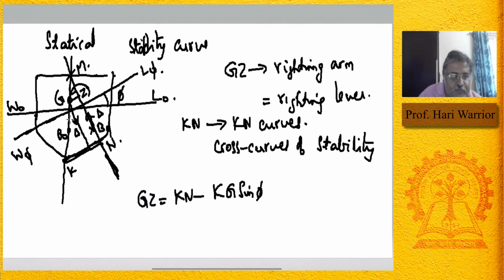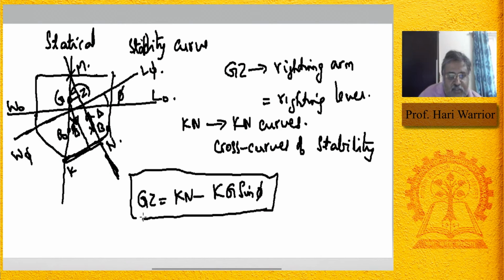This angle is phi, this angle is phi, all these angles are phi because of the symmetry of the system. This formula is generally used for many things. I just want you to remember this formula for the time being. That is, GZ is equal to KN minus KG sin phi, and KN curves, usually these KNs, where is it?